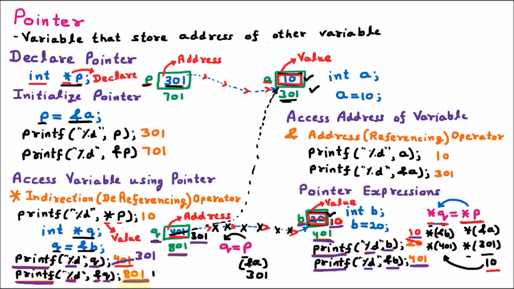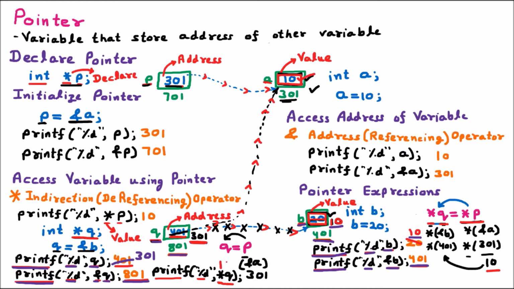If I write one more statement, let's say printf("%d", *q): we know that we have already declared the pointer, and now we want to fetch the value where pointer q is pointing. q is now pointing to the address 301, which is the address of variable a, and the value there is 10.